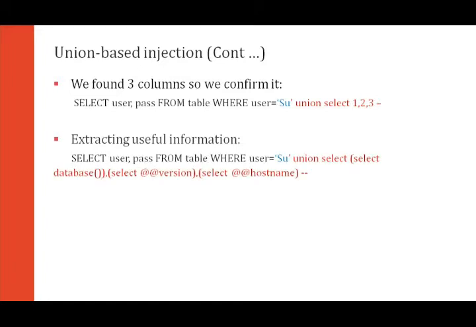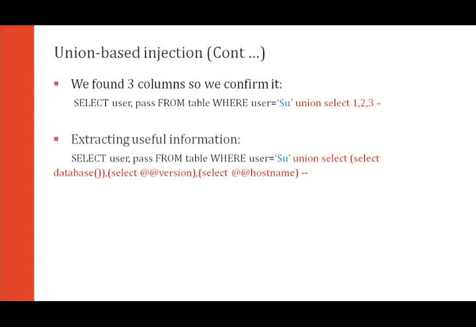If we want to extract information, you can see here that on the right side we have the union, and then select database, that's the first column, then select version, that's the second column, and then select hostname is the third column. Those are commands for MySQL specifically. If you want to do the same for other DB engines, you need to find the commands for those specific DB applications.